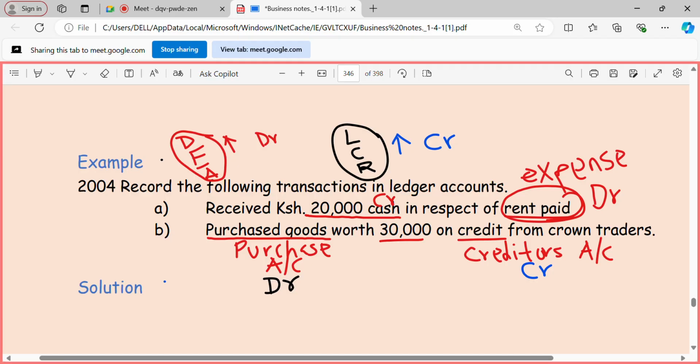So that's why the cash is still logical, but creditors would be much better than cash, because the creditors side shows the amount of debt that you have. Okay, so that's that. And so from Crown Traders, that will be creditors account.